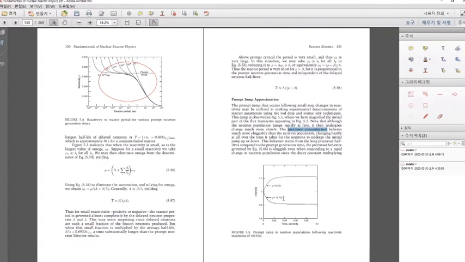In this area, it can be seen that the precursor concentration is almost constant during that very short period of time.